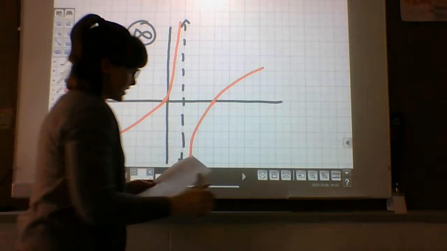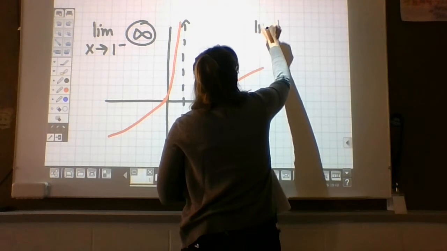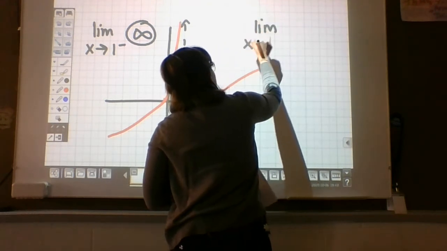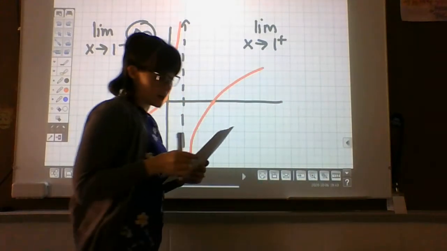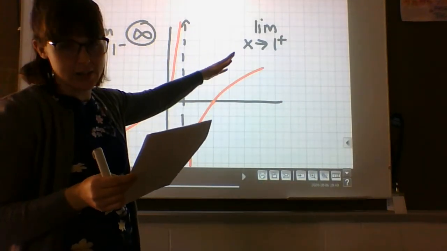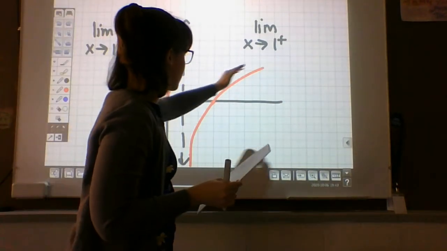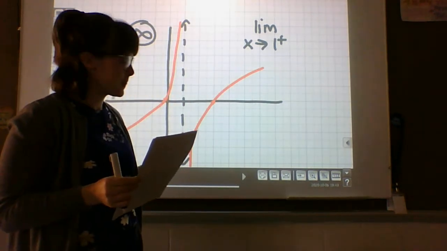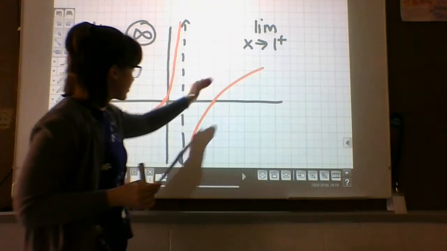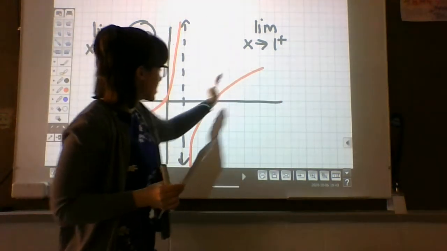Okay, now we're going to check the second part. Okay, so now we're checking out what is the limit as x approaches 1 from the right. This is the right side of the graph. And on the right side of the graph, it's going down, down, down.